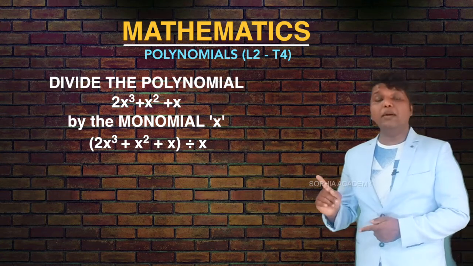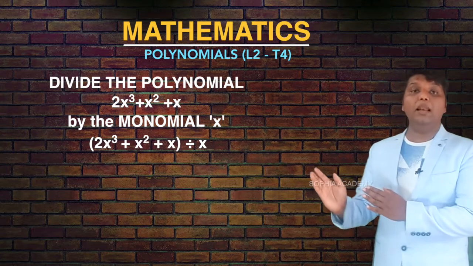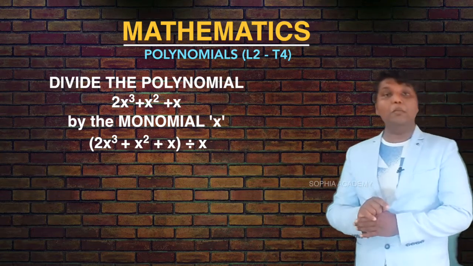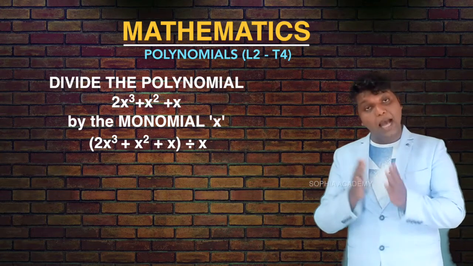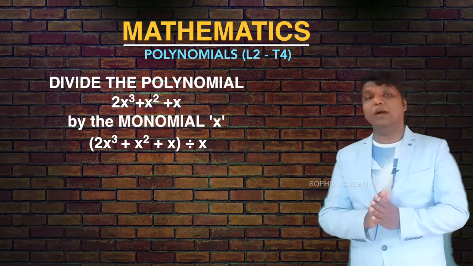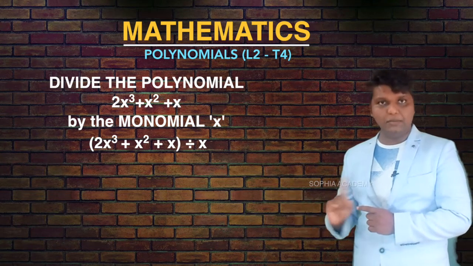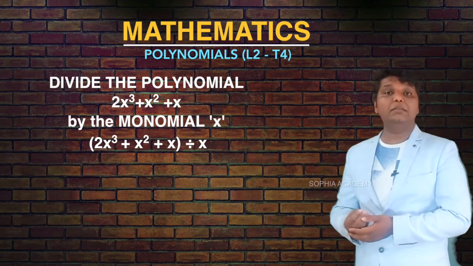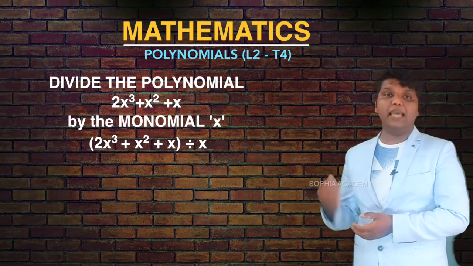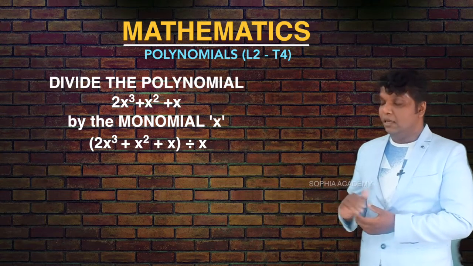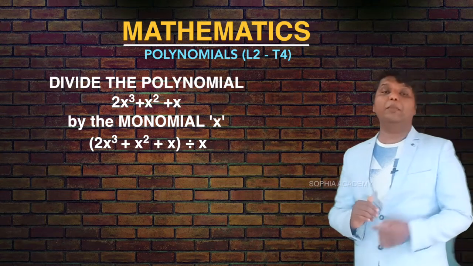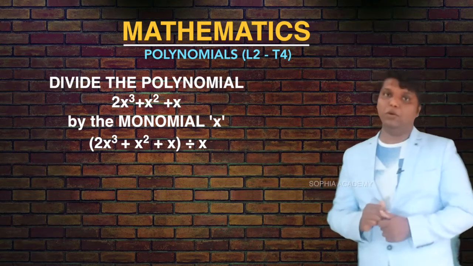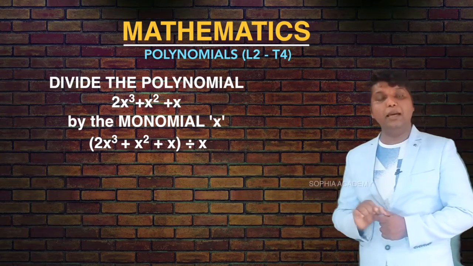When you are dividing a given polynomial by a monomial or by another polynomial, the main thing you have to understand is that there are three terms: the first term is 2x cube, the second term is x square, and the third term is x. So each term should be divided by x. That's very important, which you have to note.